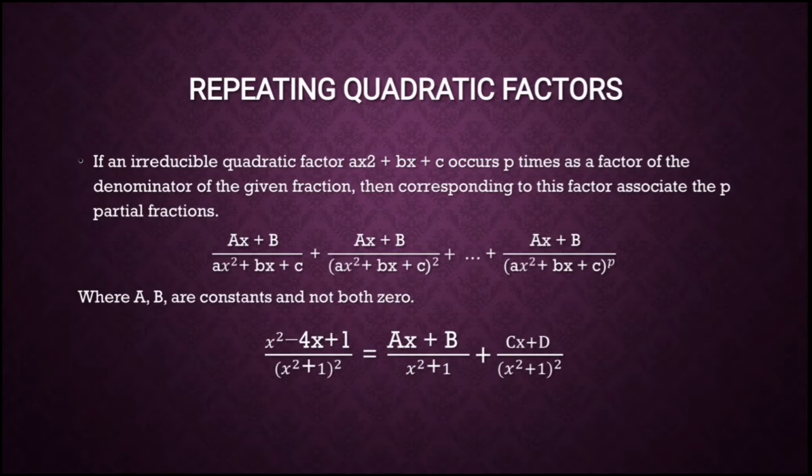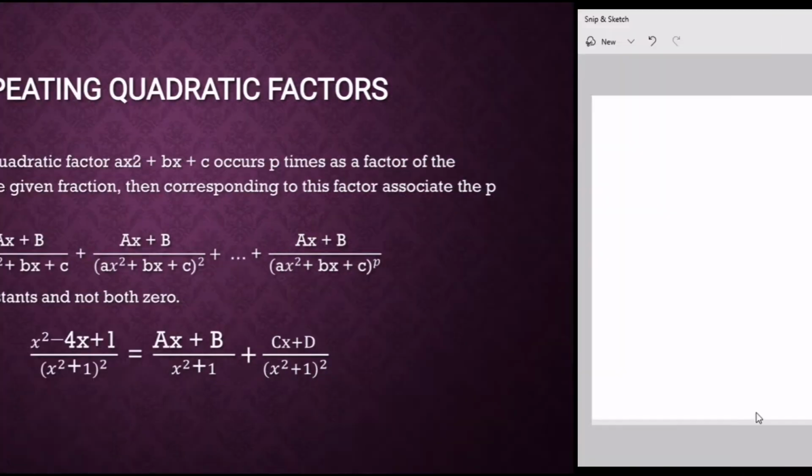So we have here our example, which is x squared minus 4x plus 1 all over the quantity of x squared plus 1 squared. Its partial fraction would be ax plus b all over x squared plus 1, plus cx plus d all over the quantity of x squared plus 1 squared.